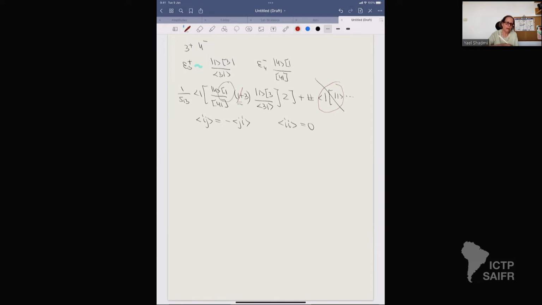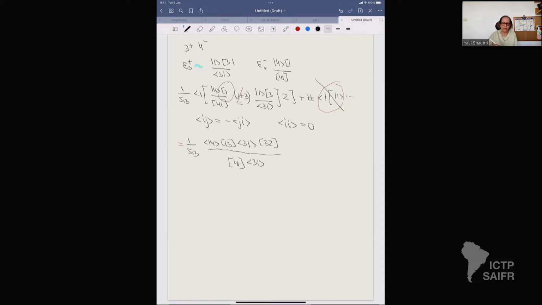And so altogether, what we have is 1 over S13. We have this upstairs, we have 1, 4, 1, 3, 3, 1, 3, 2 divided by 4, 1, and 3, 1.